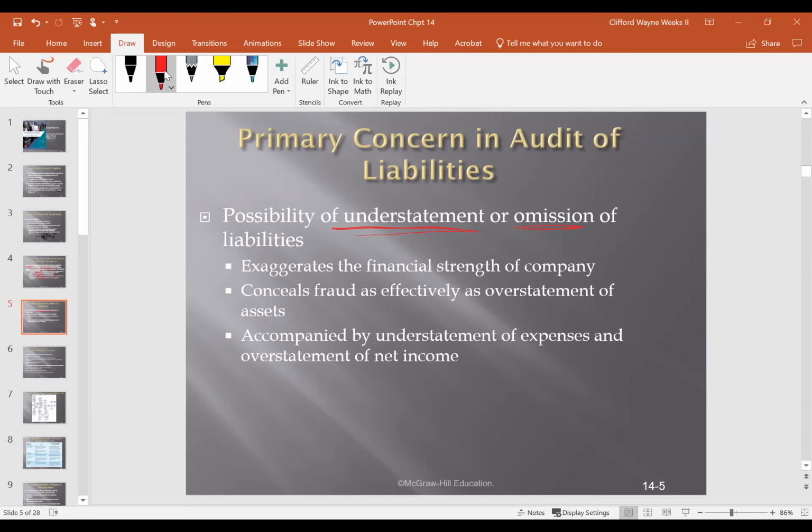By not recording the expense, that fraudulently increases your net income and the apparent financial strength of a company. This is why we are concerned. It conceals fraud as effectively as the overstatement of assets. The understatement of liabilities makes you look better on the balance sheet, and it also makes you look better on the income statement, being accompanied by the understatement of expenses and overstatement of net income, which is what I just said.